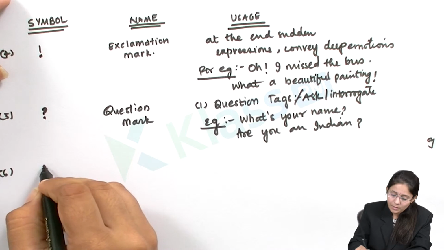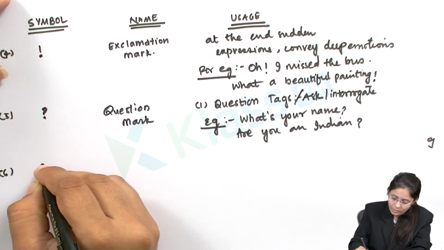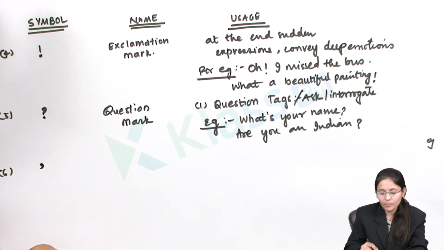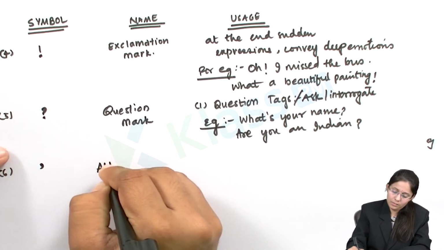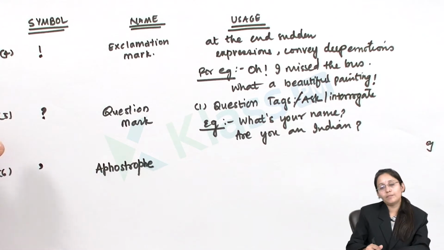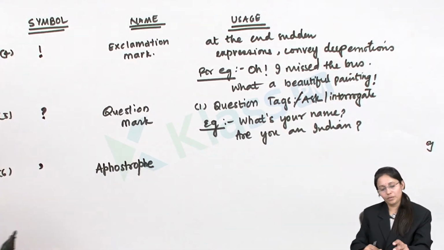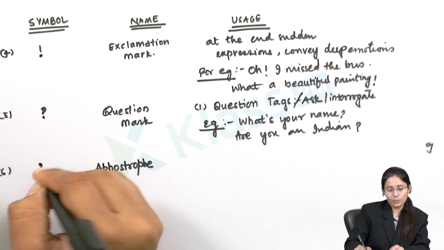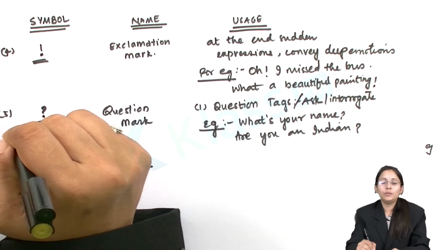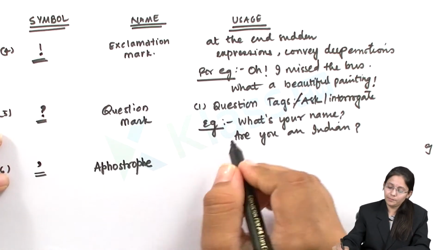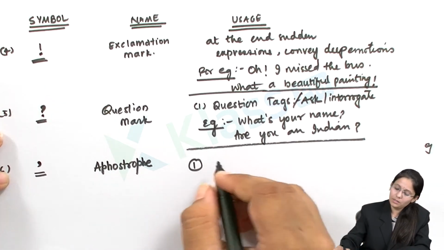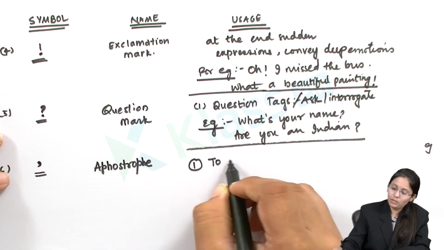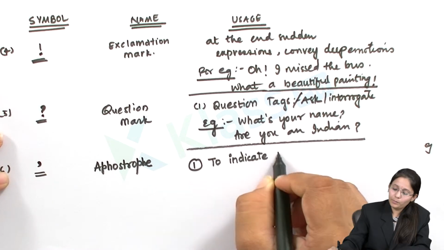The next symbol is the inverted comma, a single inverted comma, which is named the apostrophe. Apostrophe, just don't forget, it is a single inverted comma. This single inverted comma is used first, let us segregate this so that you understand it better, to indicate possession.